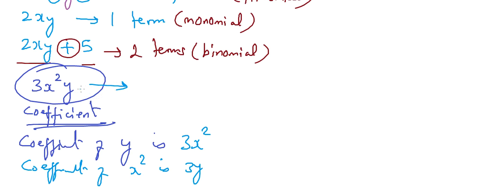When you divide, y gets cancelled. So you will be left with 3x square, which is the coefficient of y. Similarly, to find the coefficient of x square, divide this by x square. Say 3x square y by x square. So x square gets cancelled. So we have 3y. So that is the coefficient of x square.